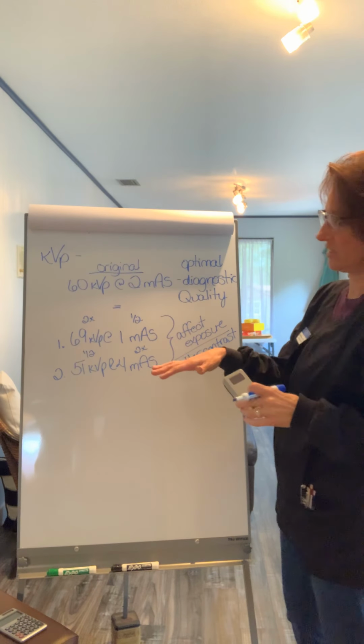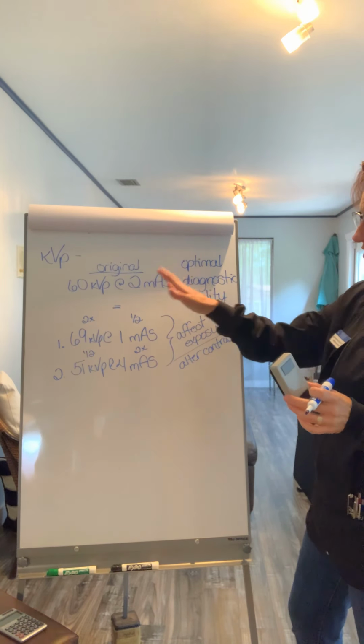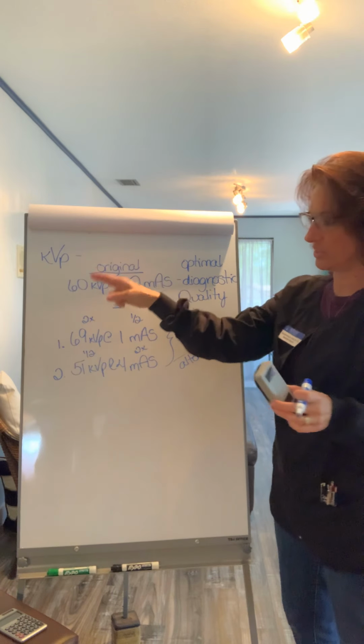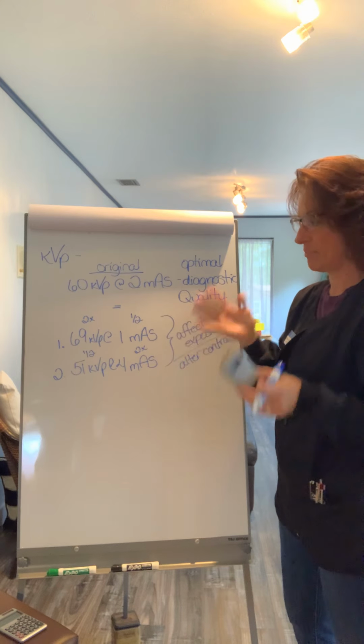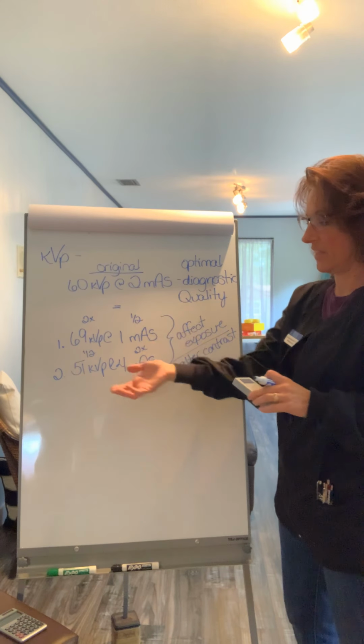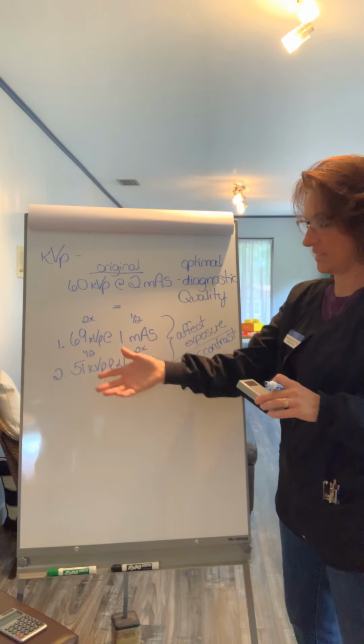Okay, so if you wanted to double it, then you could either double the mass or raise the kVp. If you wanted to halve your exposure, you could halve your mass or decrease your kVp by 15%. And if you wanted to maintain the exposure, then if the mass doubles or halves, the opposite has to take place.